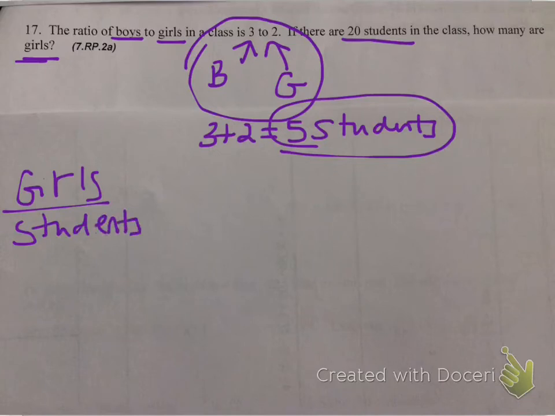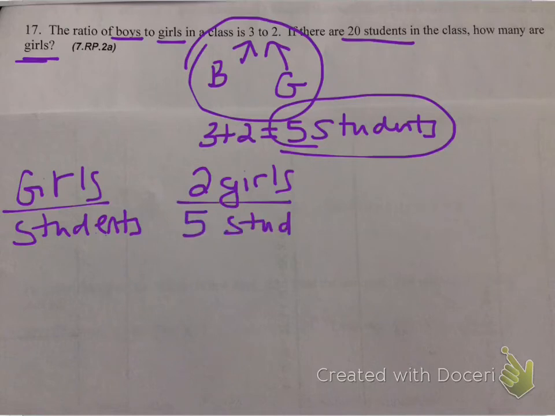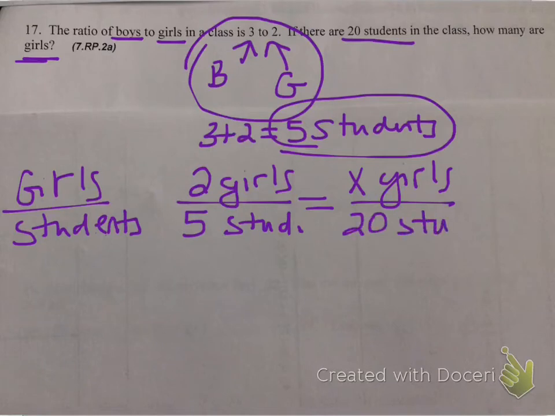Okay? So there are 2 girls to 5 students. I'm going to just abbreviate that. And we want to know how many girls to 20 students. And you could easily solve that using your multiplication method, or you could use cross product property.